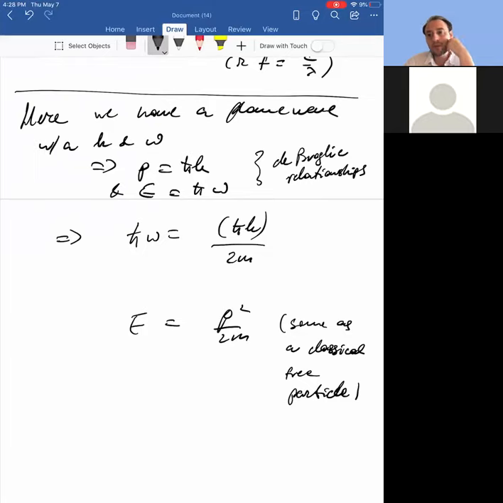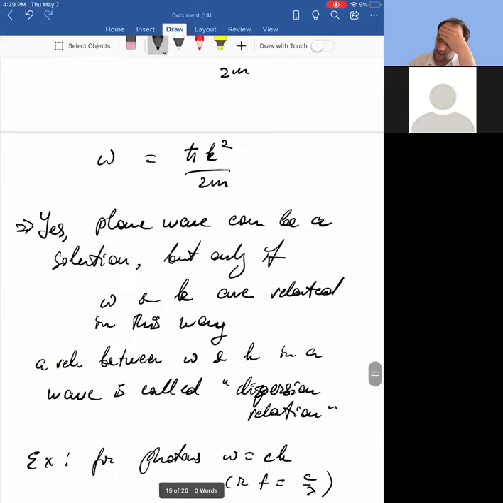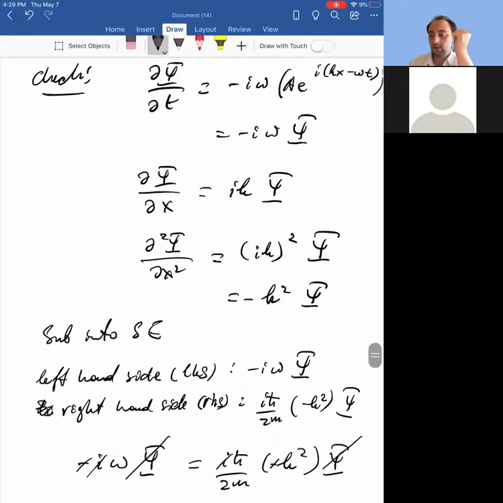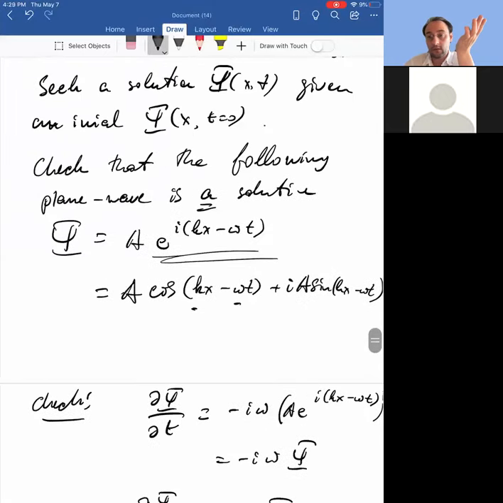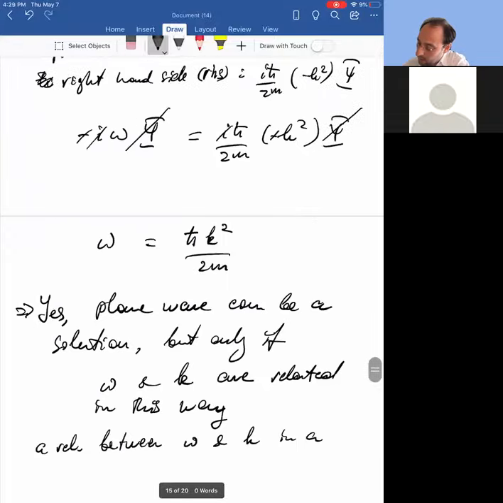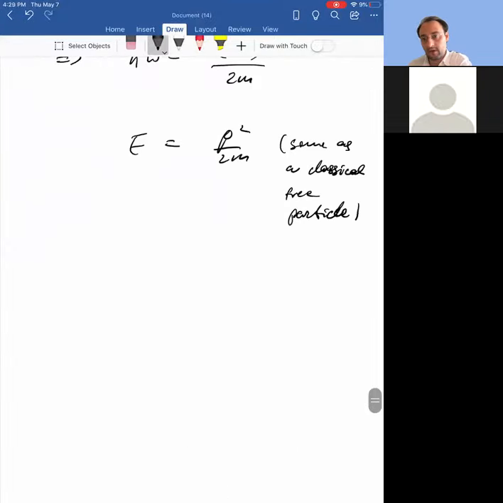What about the probability distribution? Okay, so a particle is described by this wave function. It's a solution. What's a wave function good for? Well, for one thing, it gives a probability distribution of a position measurement. How do we get the probability distribution if we have the wave function?